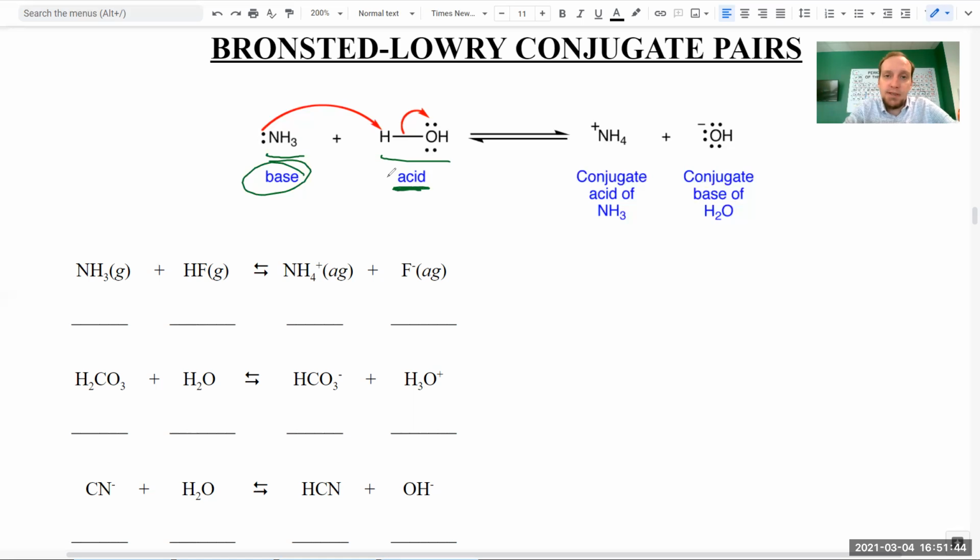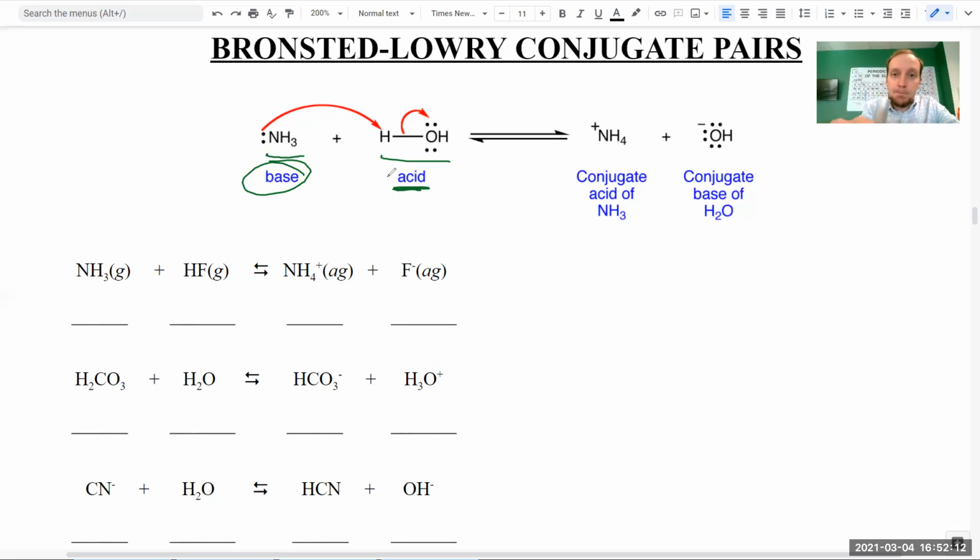Because they're always going to be the opposite in these Bronsted-Lowry conjugate pairs. If you have a base, the other reactant must behave as an acid. Conversely, if you have an acid, the other reactant must behave like a base. They will always be the opposite, okay? The left two will always be the opposite. Again, we know NH3 is a weak base, therefore our water must behave like an acid in this reaction.